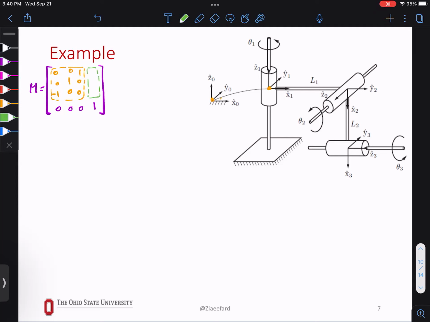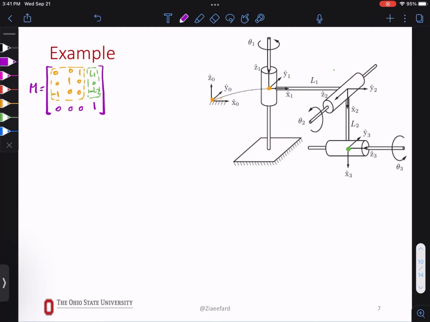Then the P position, the position of the origin in this frame: you have L1 here, L2 here, so it's going to be L1, 0, negative L2. If this took you a while and you didn't know what to do, please go back and review past lectures and your assignments. This is the simplest part of everything from now on.